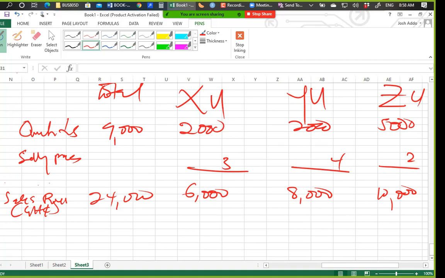So now we are going to compute the mix between them using this. On the surface, it means it is 6,000 is to 8,000 is to 10,000, all in Ghana cedis. But if you can reduce them to some smaller equivalent values, that will be fine.